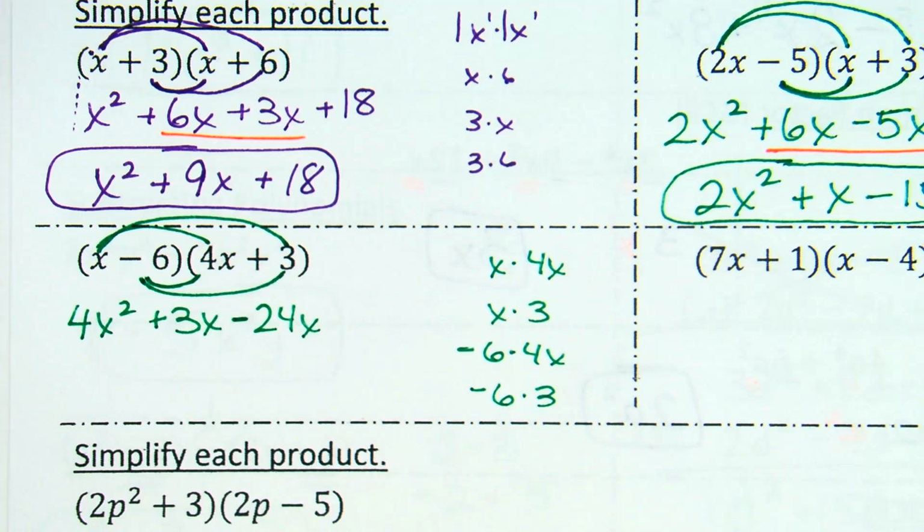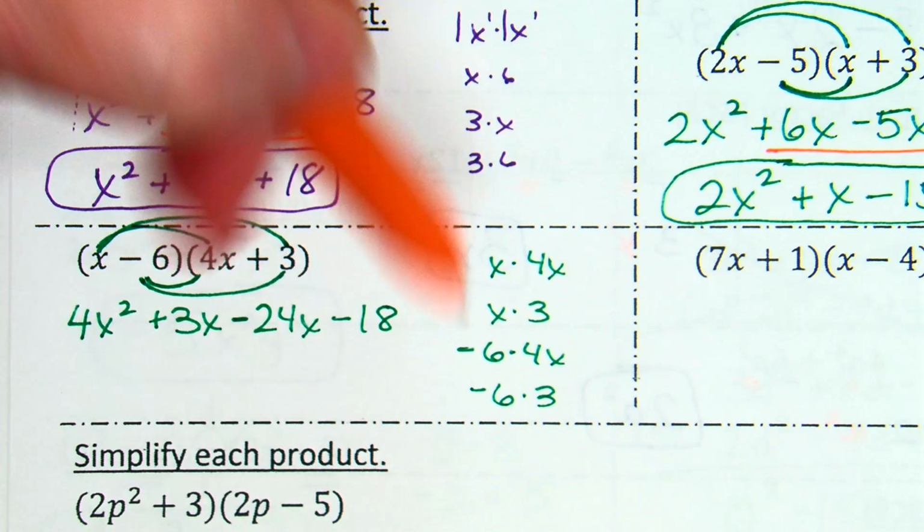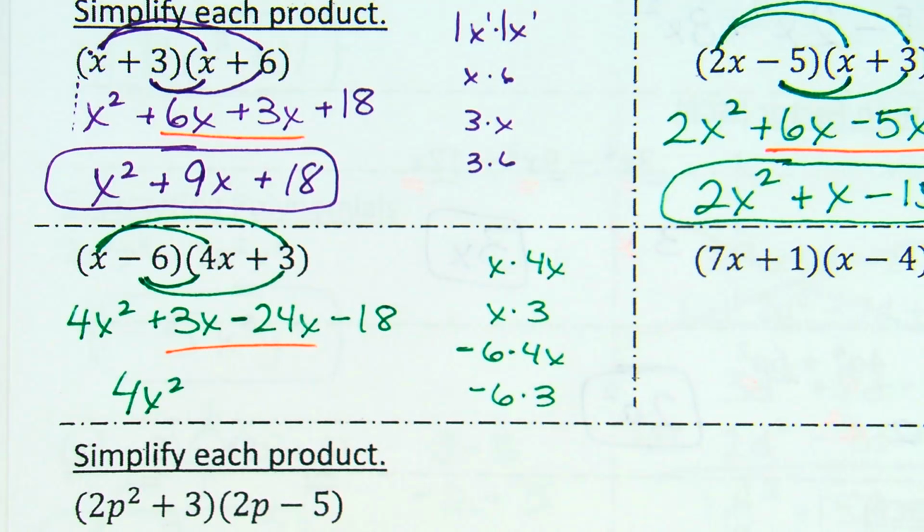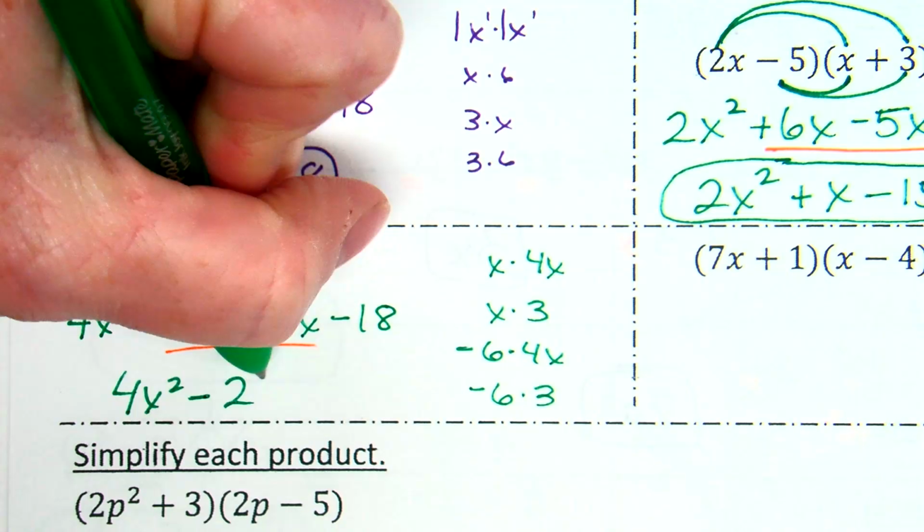Am I done? No, of course not. What cleans up? 3x and 24x. So 4x squared stays. What's 3x minus 24x? A minus 21x. And then still a minus 18.